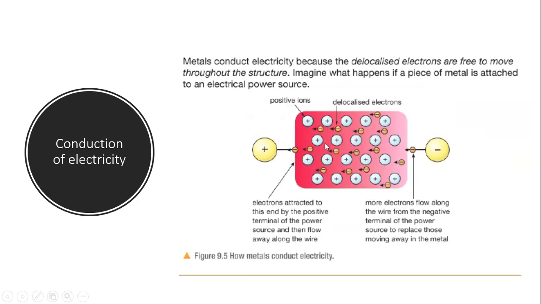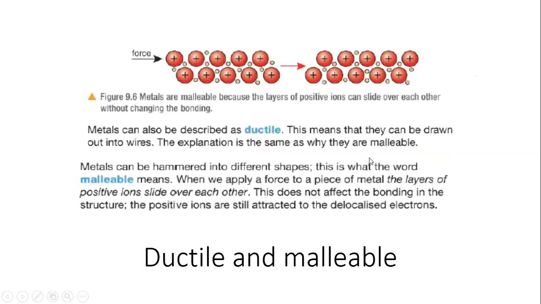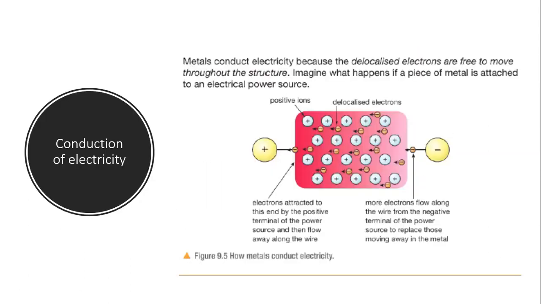Whenever we apply voltage on a piece of metal, the negative terminal of the battery will repel the electrons and the positive terminal will attract them, so the electrons move from negative to positive. That is why metals are good conductors of electricity.